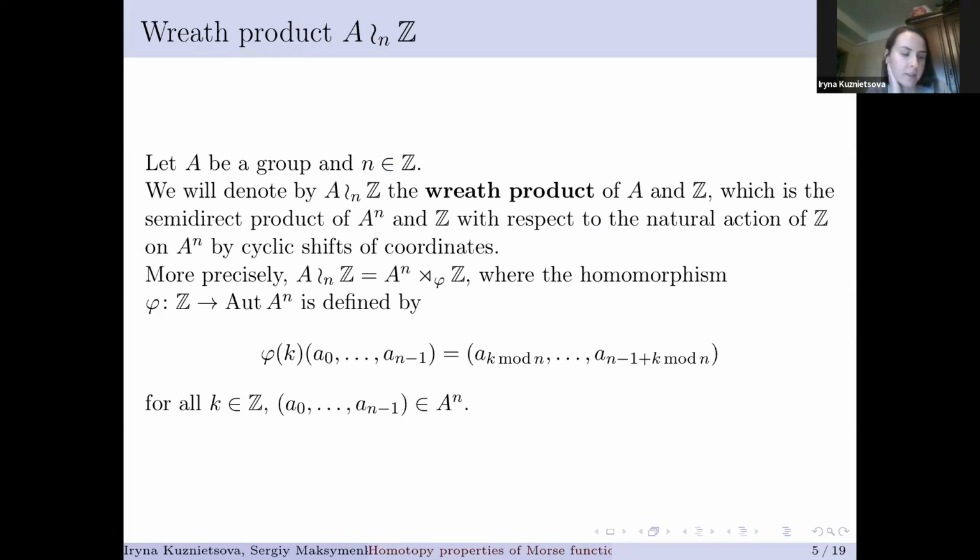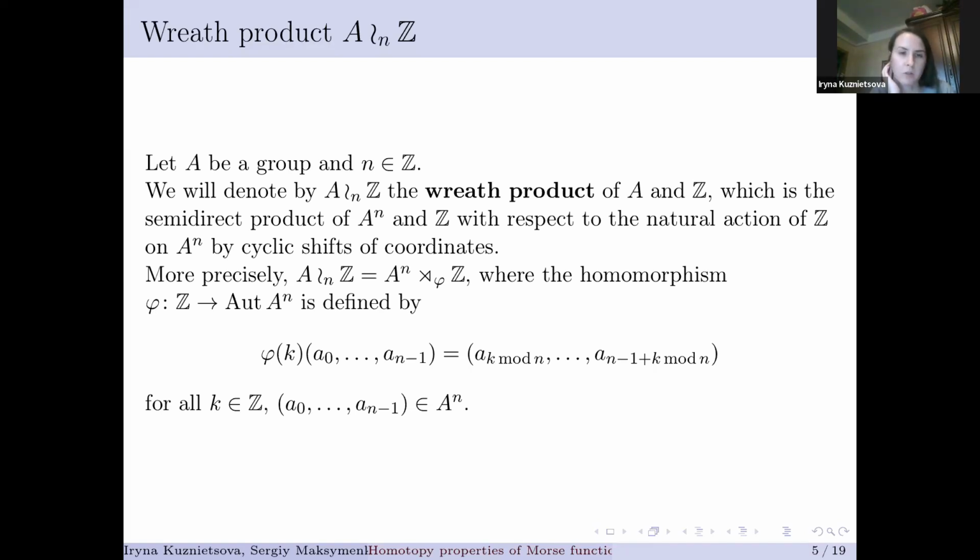So, to explain the result, I recall the definition of wreath products. Let A be a group, n an integer, and we will denote by the wreath product of A and Z the semi-direct product of A^n and Z with respect to the natural action of Z on A^n by cyclic shifts of coordinates.